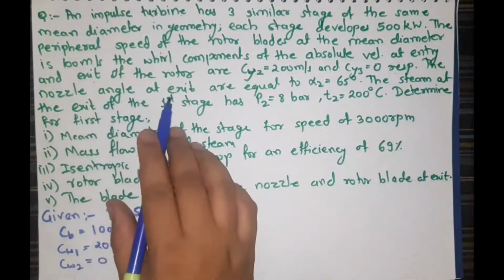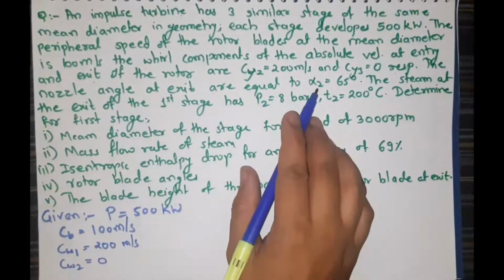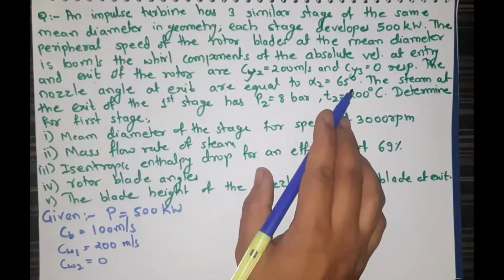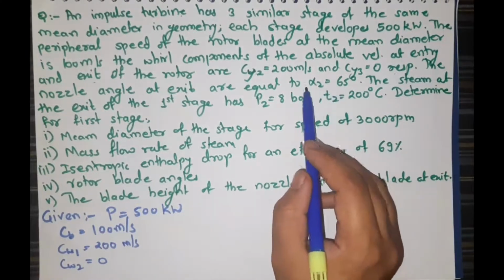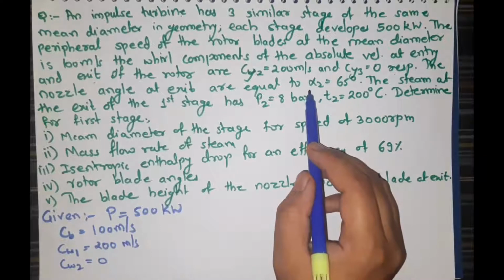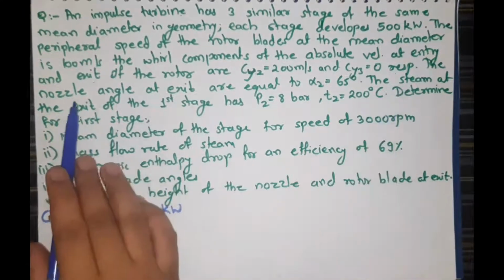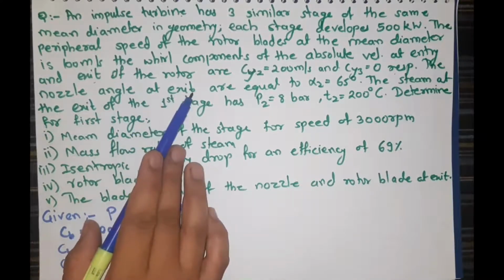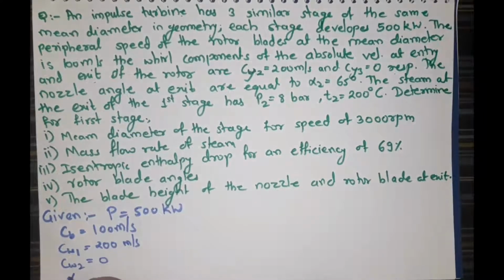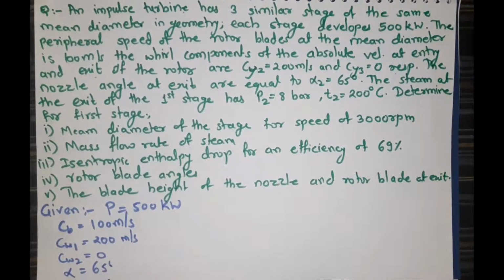The nozzle angle at the exit is alpha equal to 65 degrees. Again, this is given for stage number 2, but it is mentioned that it is the nozzle angle at the exit, so it is simply alpha as 65 degrees.